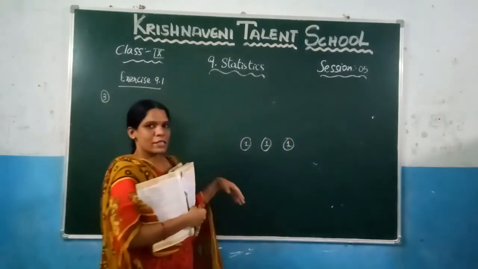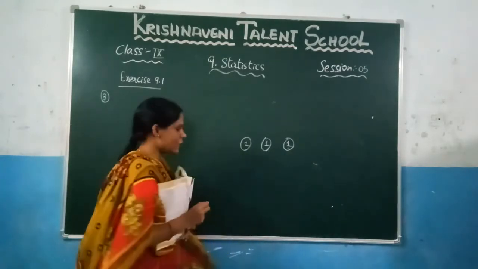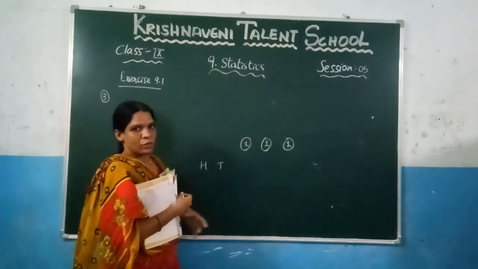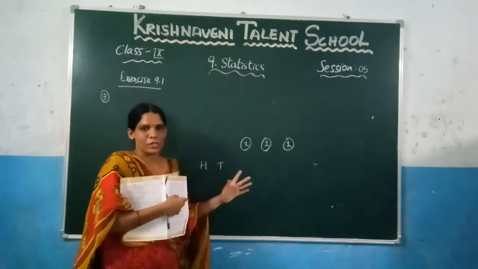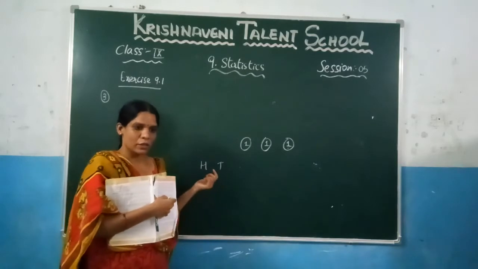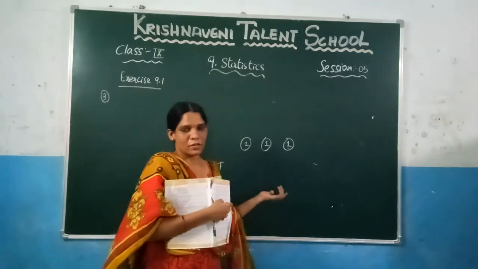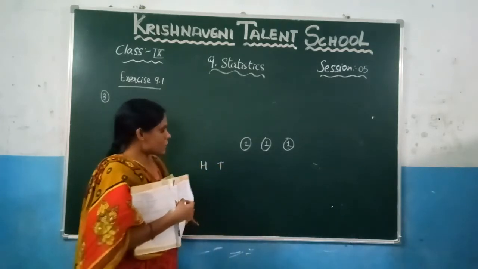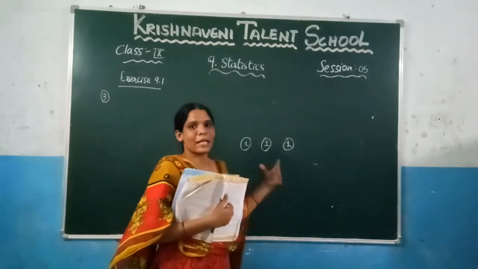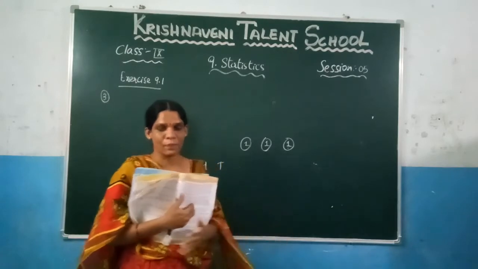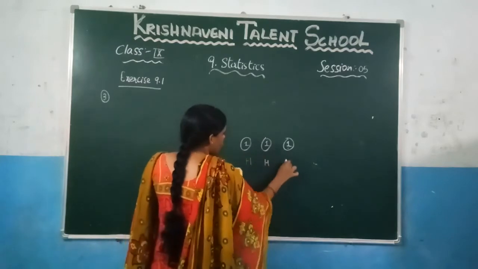If 3 coins are tossed simultaneously, you know that if you toss a coin, you will get either a head or a tail. Only two possibilities are there if you toss a coin. If three coins are tossed at the same time, what you can observe is that you may get all the coins as heads.